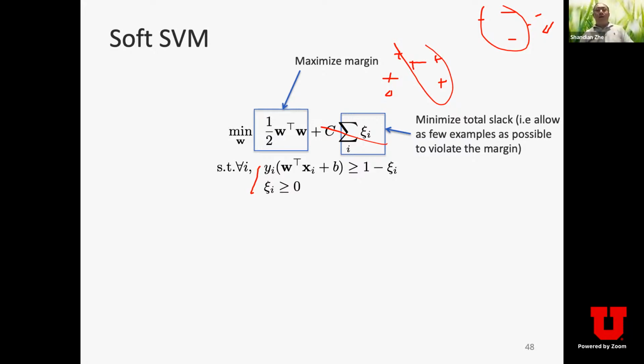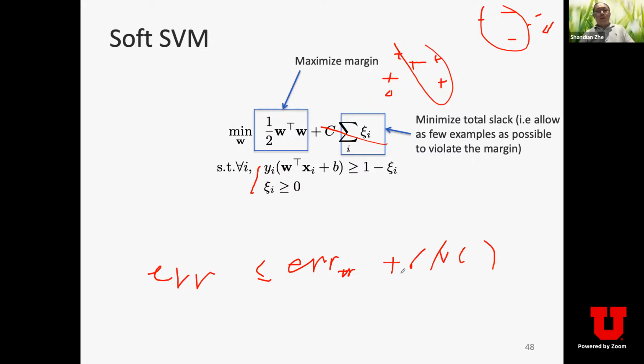The consequence is that if you allow all those examples to break into the margin, your training error can increase significantly. And remember, our true error is upper bounded by the training error plus some term regarding the VC dimension.